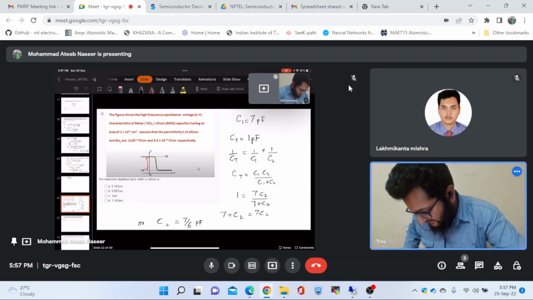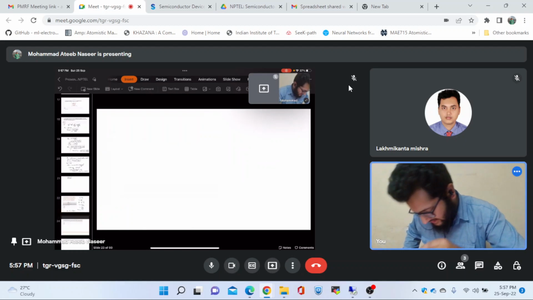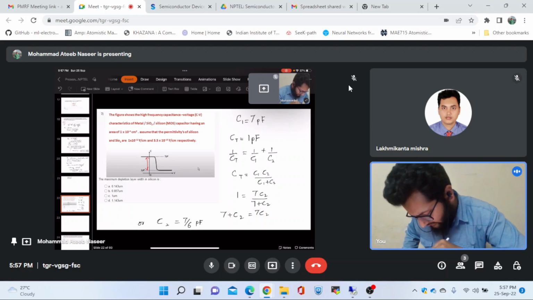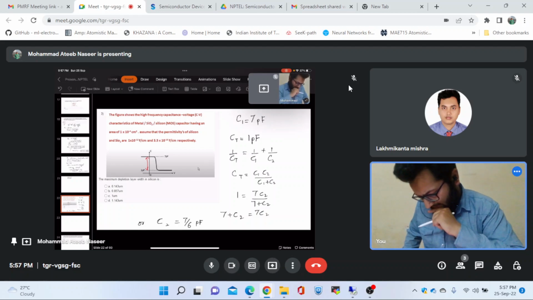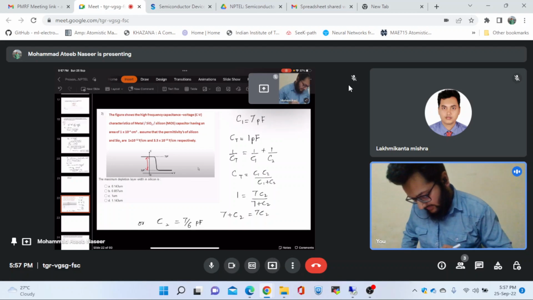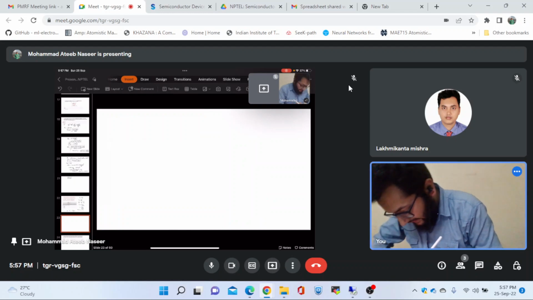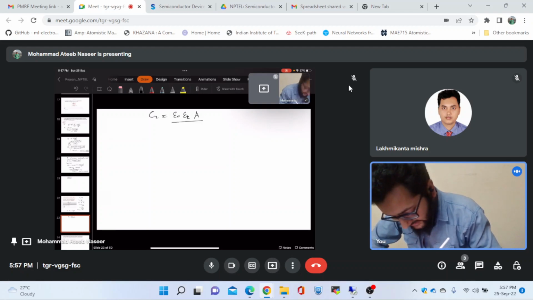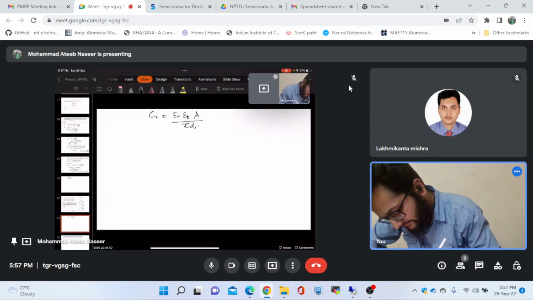Now, since we have been given the area as well, that's good. What we have to calculate is the maximum depletion width. So I will simply write C2 equal to epsilon naught epsilon R A divided by the maximum depletion width, let me denote it by XD max.